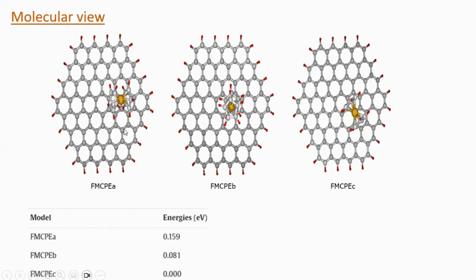Here we can see, when I perform the experiment, I don't know how ferrocene may orient on the carbon surface. But if I make a model, I can know. Here you can see, at different angles, I have placed the ferrocene molecule and then optimized the structure.